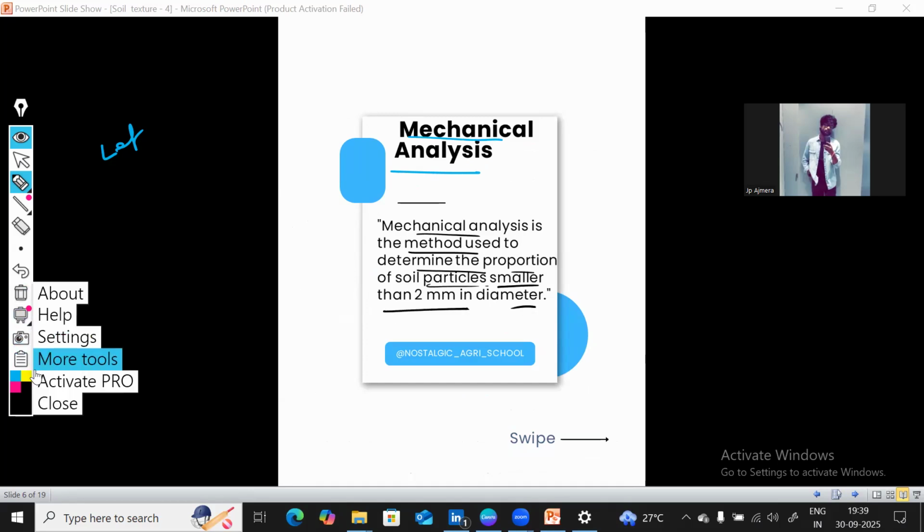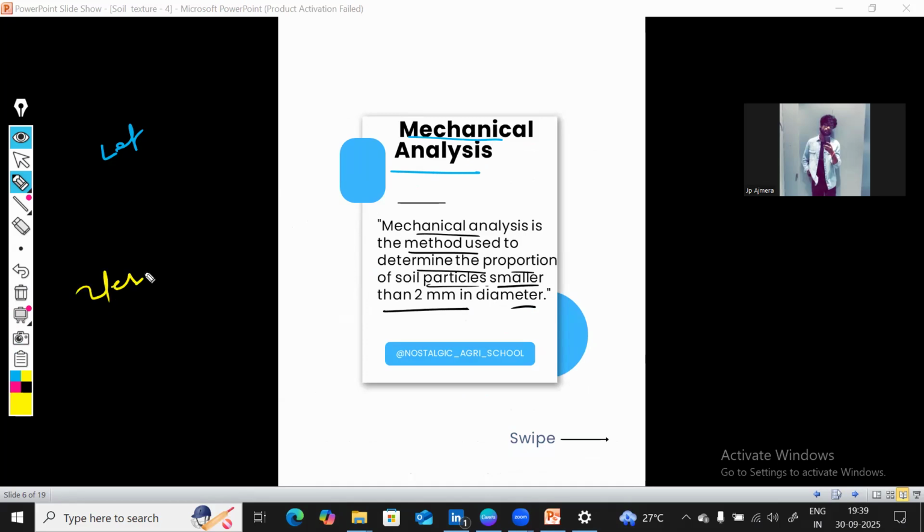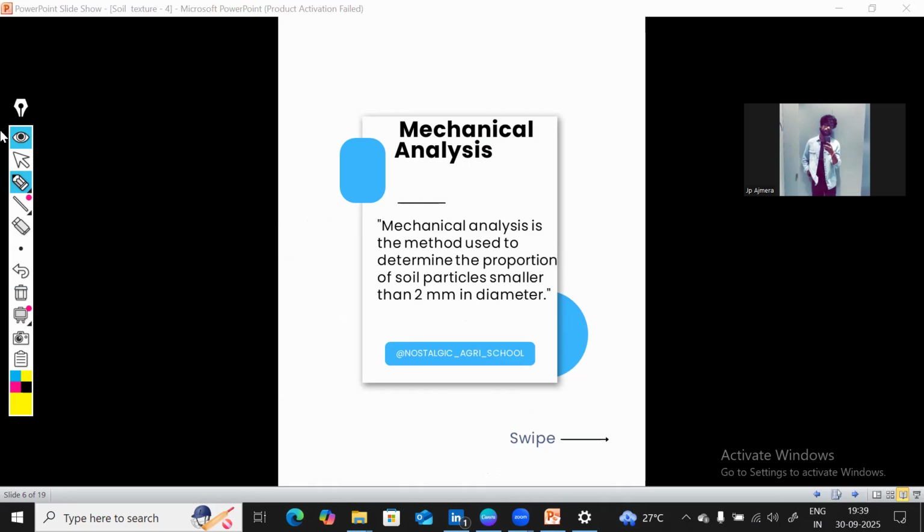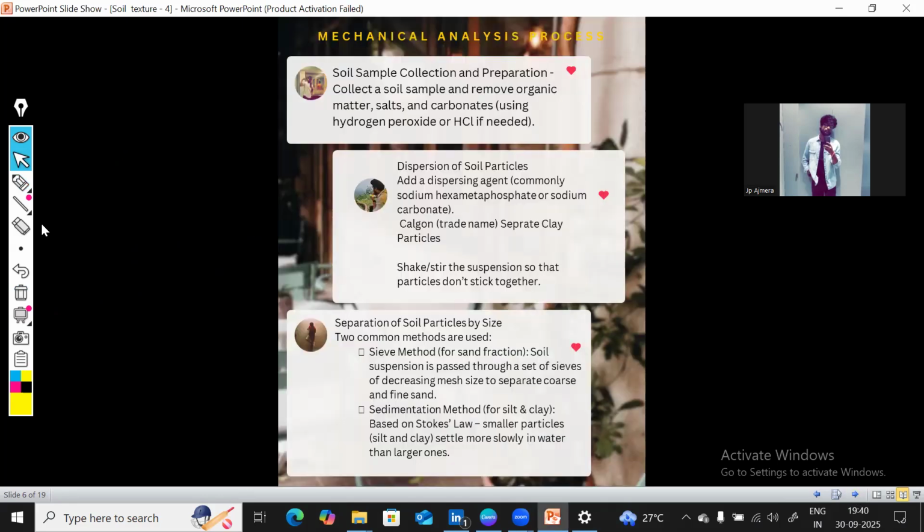The soil particle size which is less than 2 mm is determined by mechanical analysis.